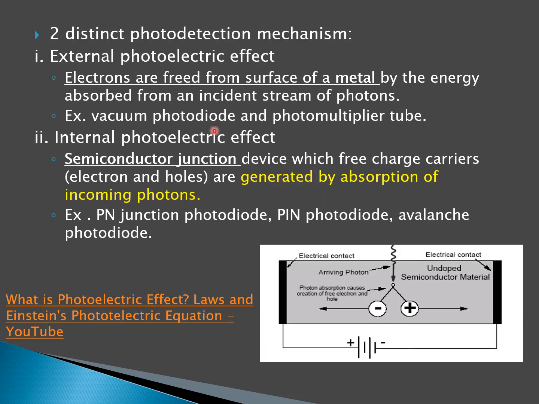There are two distinct photo detection mechanisms. The first one is the external photoelectric effect, and the other one is the internal photoelectric effect. For the external photoelectric effect, the electrons are freed from the surface of a metal by the energy absorbed from an incident stream of photons.